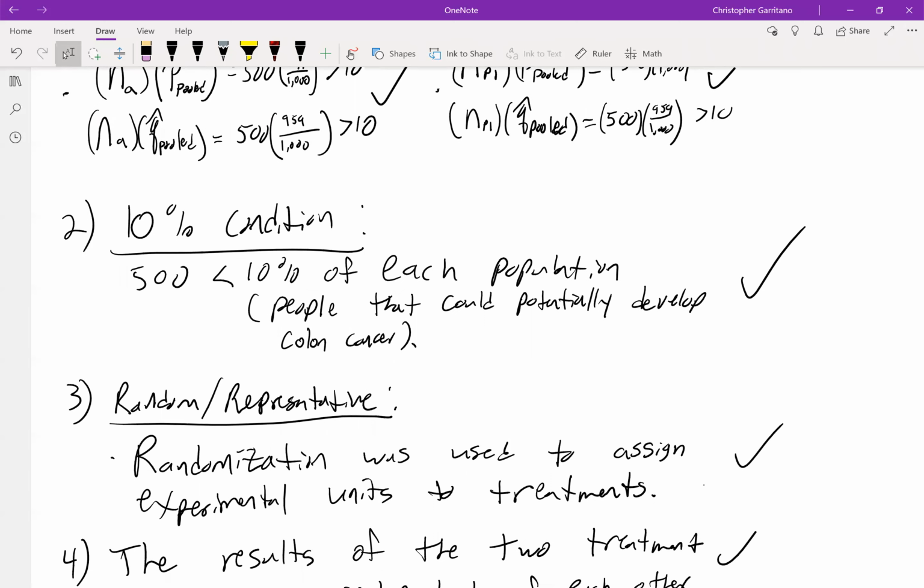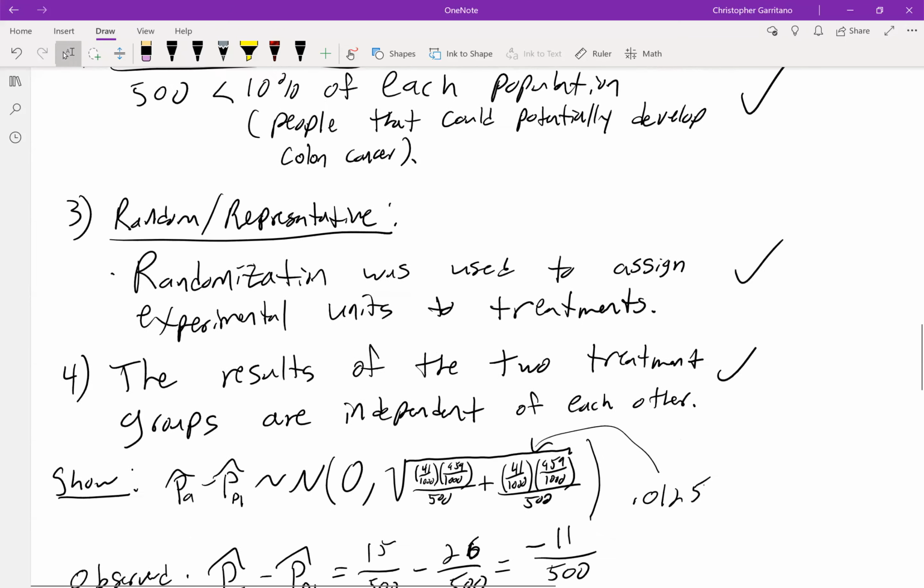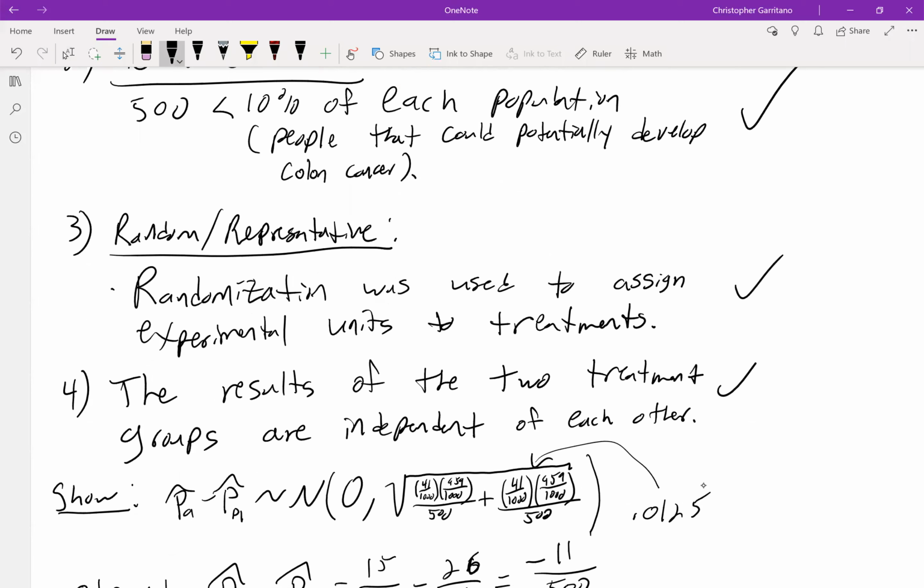And what this means is now we know what our sampling distribution will look like. In other words, we know what the p hat A minus p hat placebo would look like if we were to take many, many random samples, based on our assumption that PA and PPL are equal to one another. The sampling distribution would be centered at 0, and it would have a standard error of the square root of p hat q hat over n1 plus p hat q hat over n2.